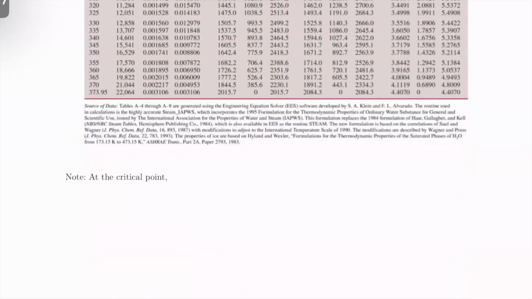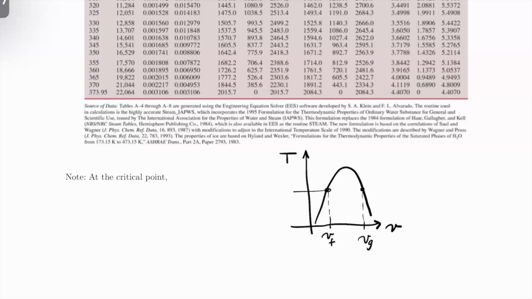So one note here is at the critical point. If you remember our TV diagram, we have our vapor dome that looks like this. And we have VF and VG for a given temperature. And then this point here is called T critical.